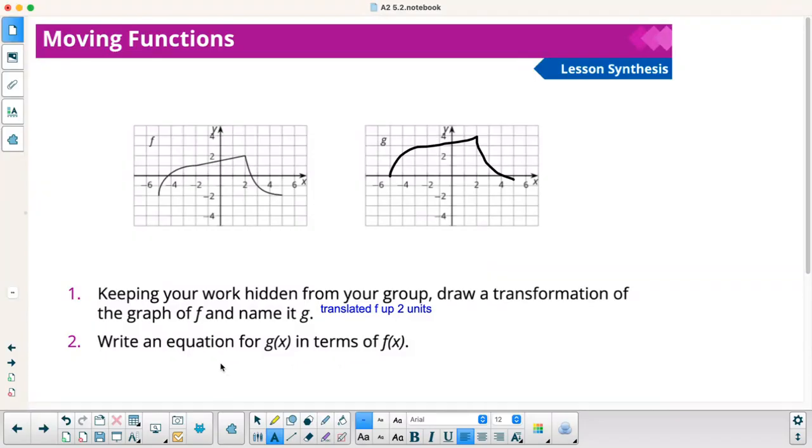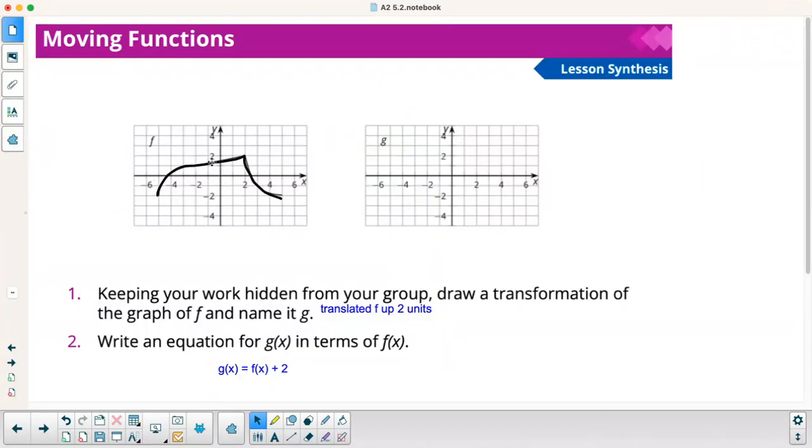Okay, write an equation for G in terms of F. So G of X is going to equal F of X. I don't really know the function, so I'll just call it F of X plus 2. Now, if I wanted to do a horizontal one, let's say I wanted to go right 4. So that 2 is going to go here to 6. Okay, so I'll put it over here on the G graph.